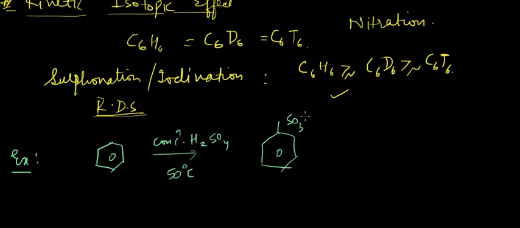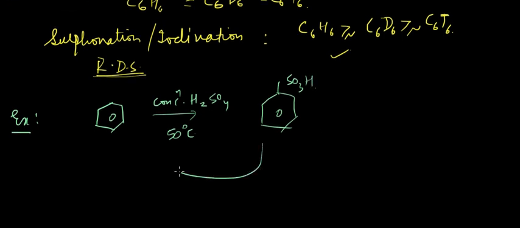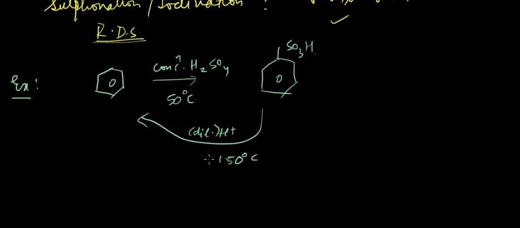And what actually happens if we heat it at 150 degrees Celsius and provide some dilute acidic medium? In that case desulfonation happens. In other words, this benzene sulfonic acid converts back to benzene.